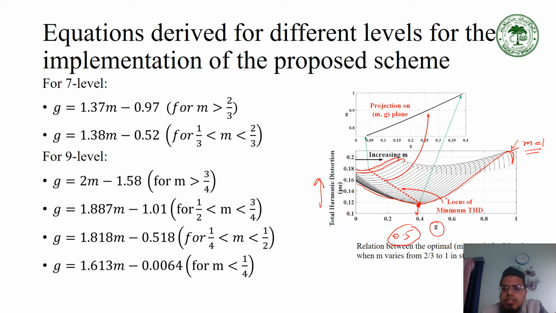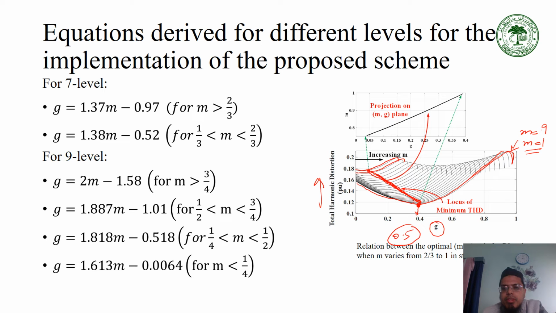Similarly for the next value of M, with a difference of 0.01, so it will be 0.9, there is a shift in the minimum values. I have drawn this line for that, and this is basically the locus of the line for which the value of THD is minimum.